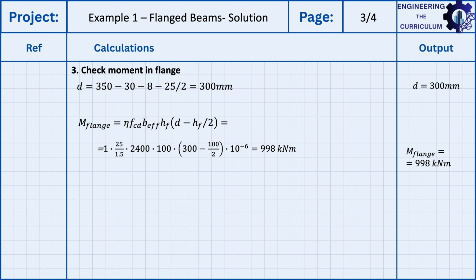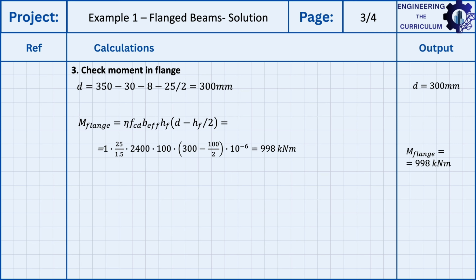So you have eta, which is 1, times FCD, which is the strength of concrete divided by the safety factor of 1.5, times the effective flange, which we just found, which is 2,400, times the height of the flange, or the height of the slab, which is 100, and that gets multiplied by D, the effective depth, minus HF over 2, which is 100 over 2.